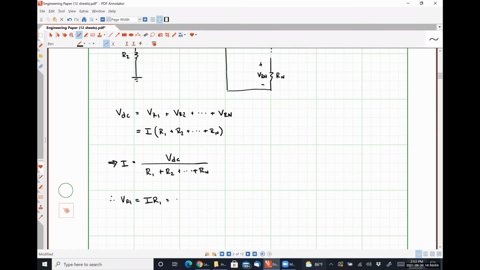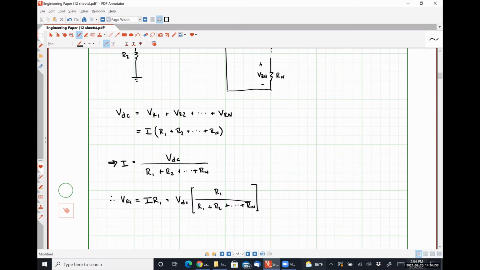Well, this is going to look like our source voltage VDC multiplied by R1 divided by R1 plus R2 plus all the way out to Rn. And so I can see that the voltage drop over resistor 1 depends only on the voltage across all of the resistors in series and a simple ratio of resistances. So I never actually have to calculate that current in order to solve for it.